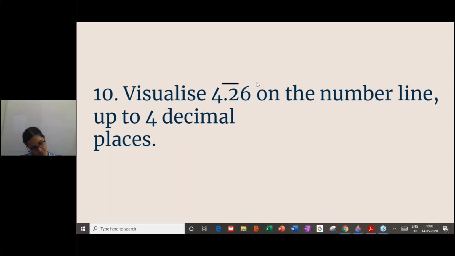Netri, yes, but you're supposed to visualize up to 4 decimal places. So you have to go 2 more steps ahead. You have to visualize 4.2626 on the number line. Shivesh, yes, good job.